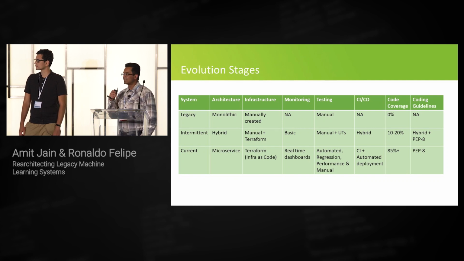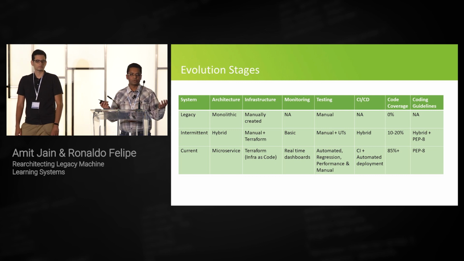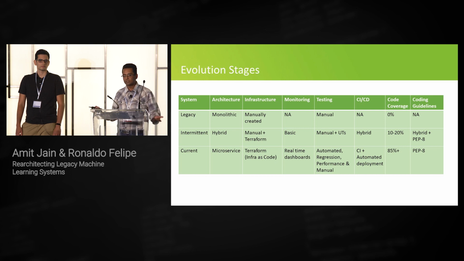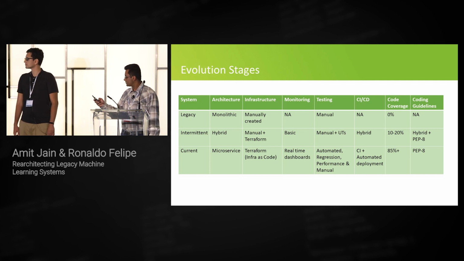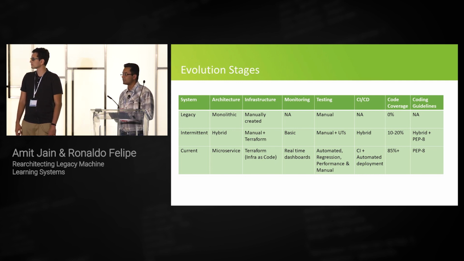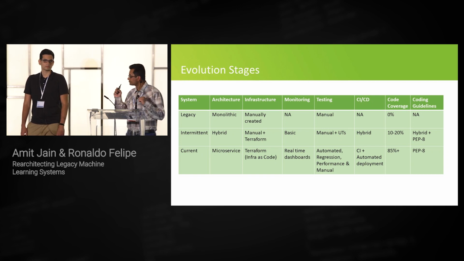We were always testing the legacy system before pushing to production with a couple of smoke tests, manually testing it out. Okay, deployed it. Okay, hit your Lambda with these JSON parameters, and okay, things are fine, it's working. In the intermediate system, we had a mix of manual and unit tests. Now, in the current system, we have automated testing, regression testing, and we still do some manual testing, but most of it is automated.